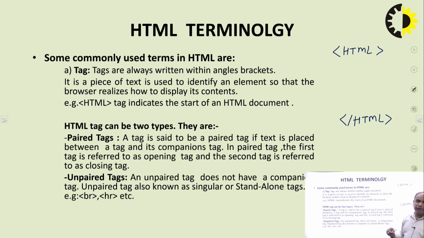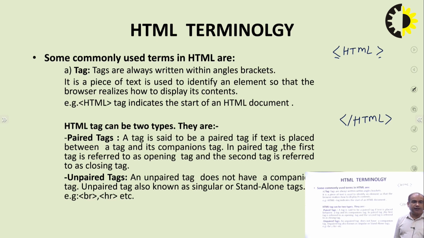If I talk about this HTML tag, this tag is the opening tag, without backslash, and this one is my closing tag. So once I open the tag and I close the tag, that tag is known as a paired tag. If I talk about the unpaired tag, an unpaired tag does not have a companion tag.